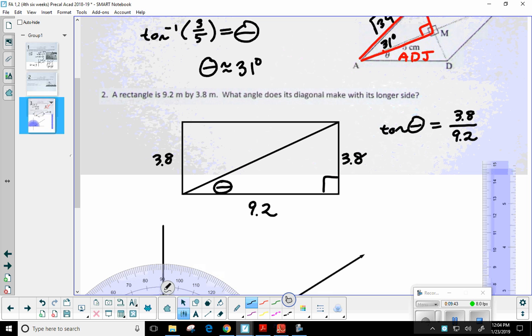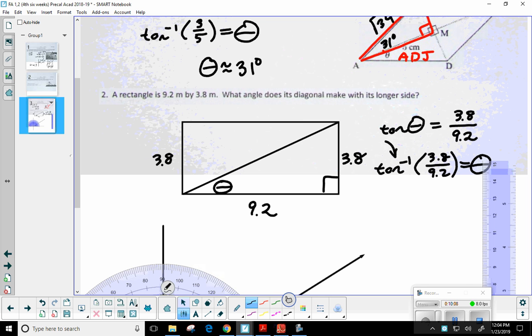Okay. So now if I want to work backwards from the ratio to find theta, I'm going to say tangent inverse of 3.8 over 9.2 is equal to theta. Now, while I'm thinking of it, because the test is tomorrow, is there any other way that I can show you inverse besides putting that little -1?